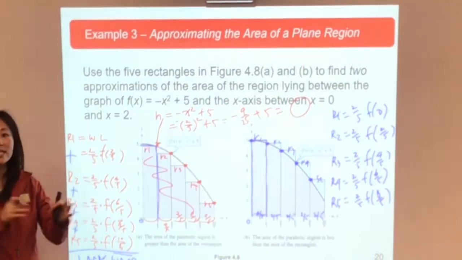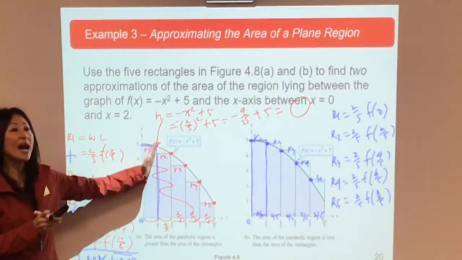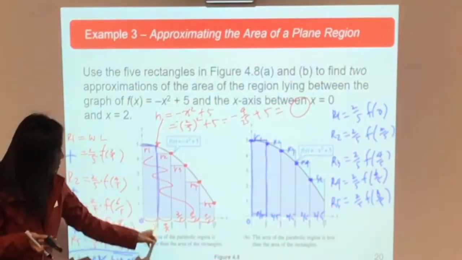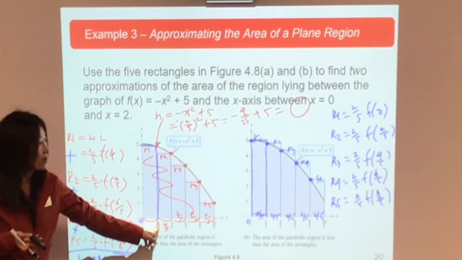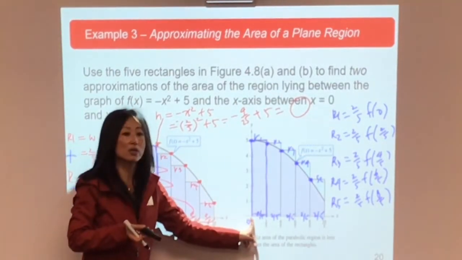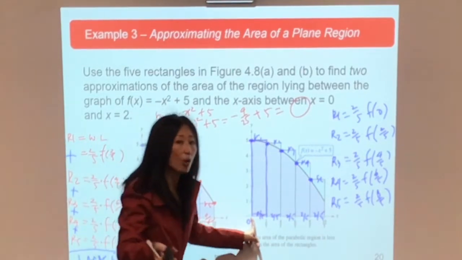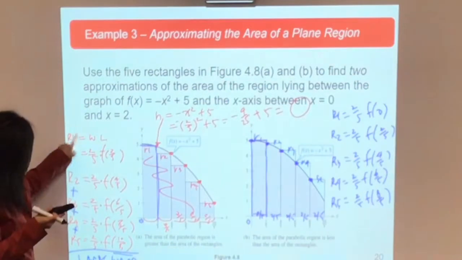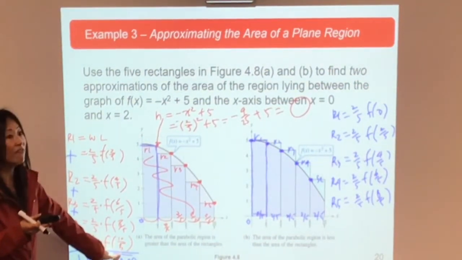The only thing you have to pay attention to is what x value does my height start with? When I do it this way, your x value starts with 2/5. When I do it this way, where does your x start? 0. So actually, it's not a lot of work because once you do this one, you've got everything except we're going all the way to 10/5.